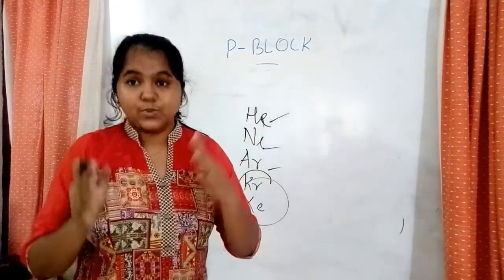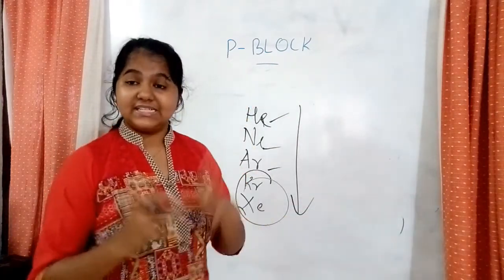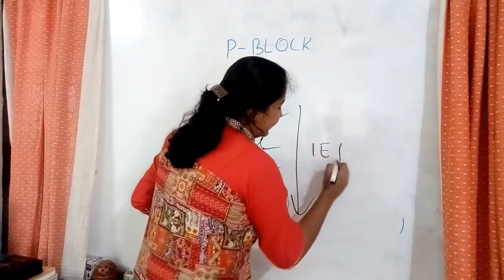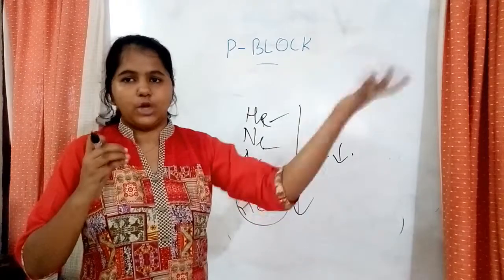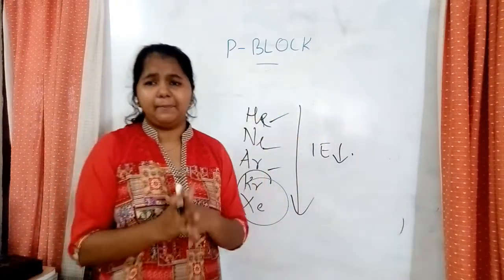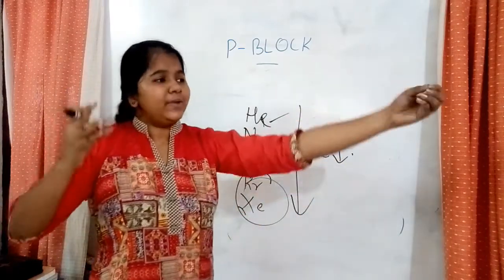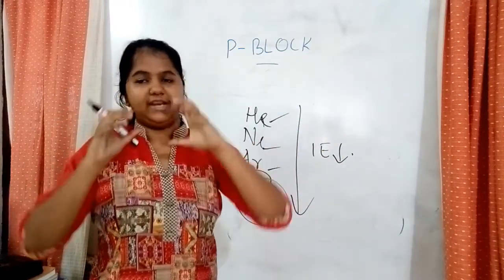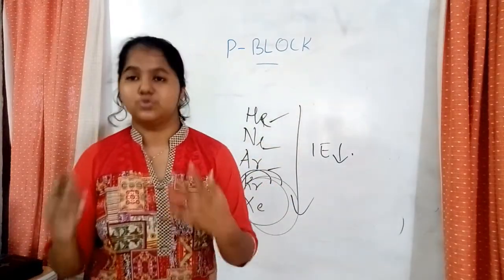Owing to the size, there is a decrease in ionization enthalpy, and when there is a decrease in ionization enthalpy, removal of electron is easier, and therefore reactions are also easier. When you can remove something, you can also accept something to make the configuration stable, and hence only krypton and xenon form true compounds.